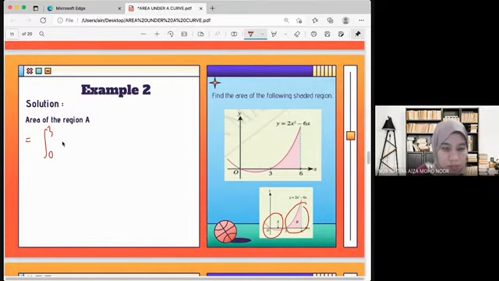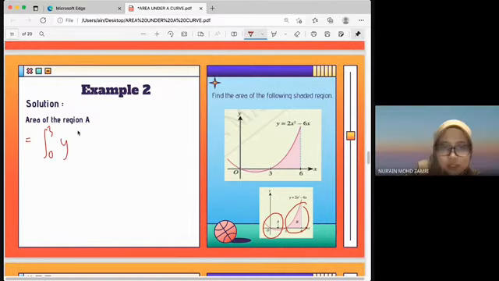Then you substitute the function y, which is 2x squared minus 6x, dx, and then you can integrate.